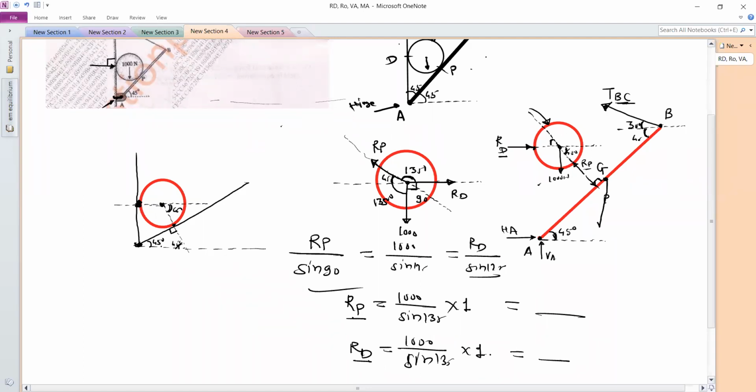Total weight will act in the downward direction, vertically downward.